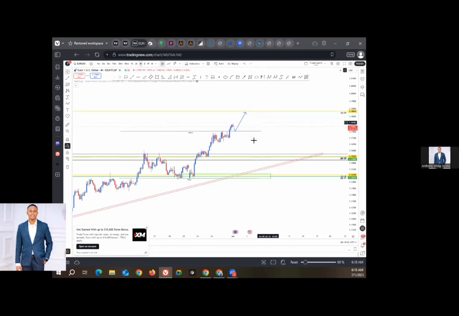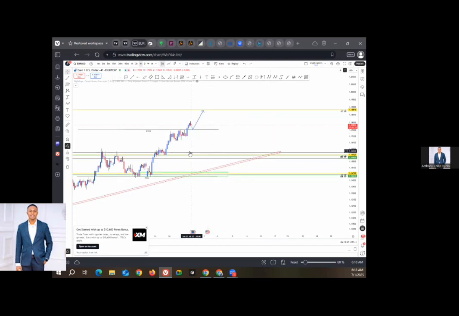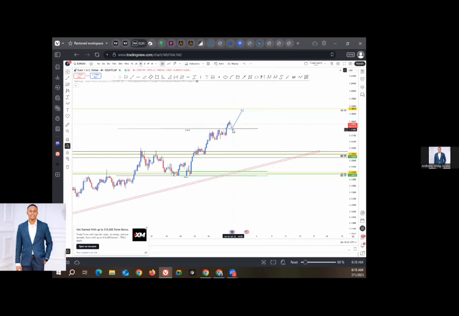We have two zones right now. But me, I will not be 100% focused on getting any sales from here, because since it broke the previous week high, the buying pressure is too massive. It can still continue going up. That's what I believe for Euro USD right now, to continue the buy to the upside.